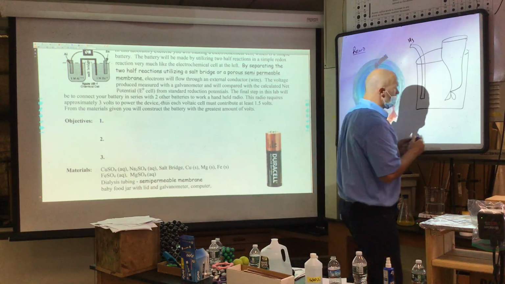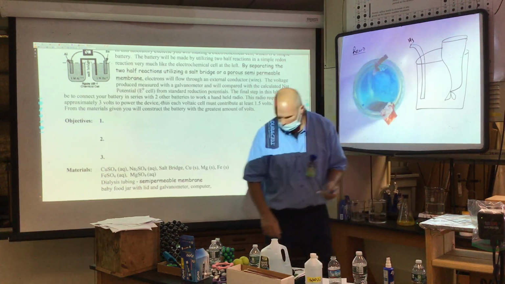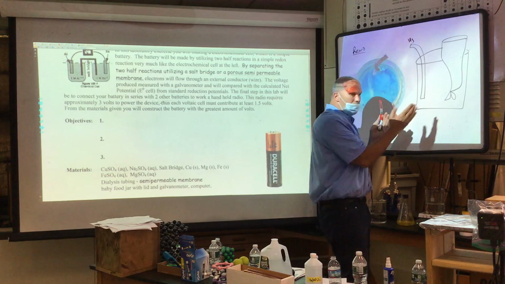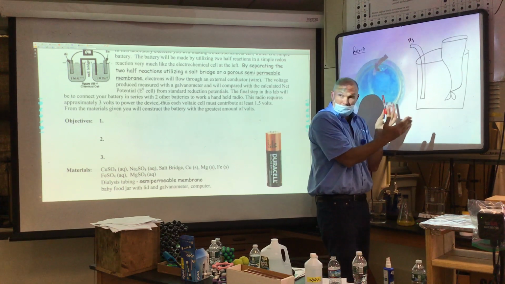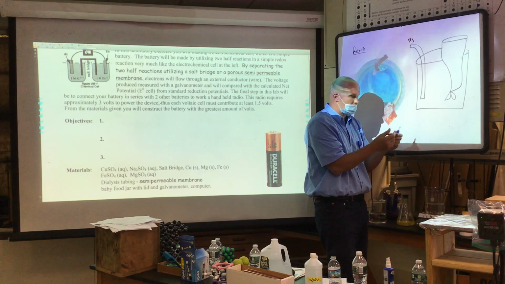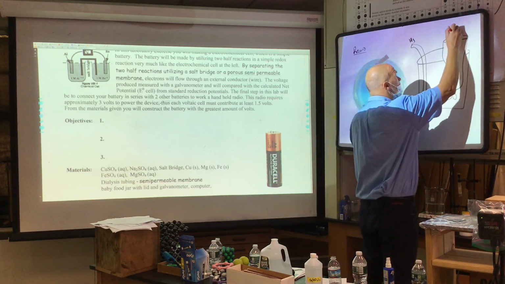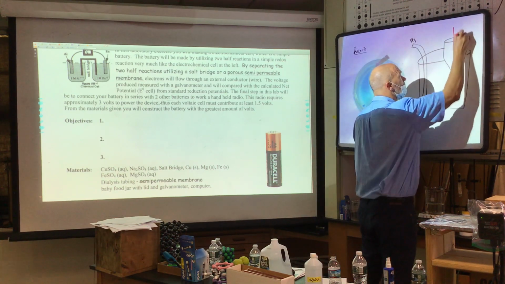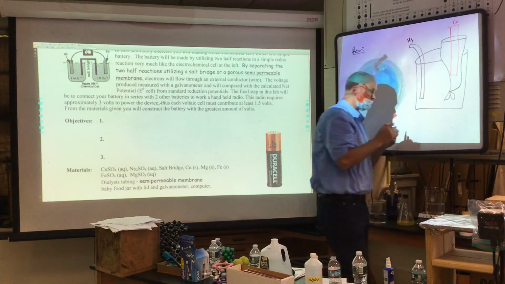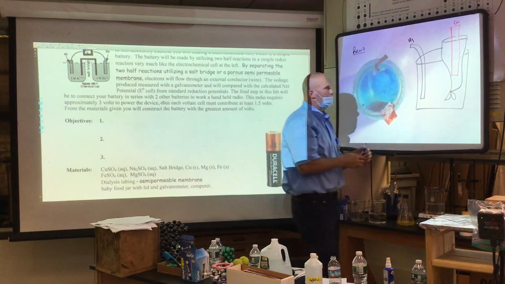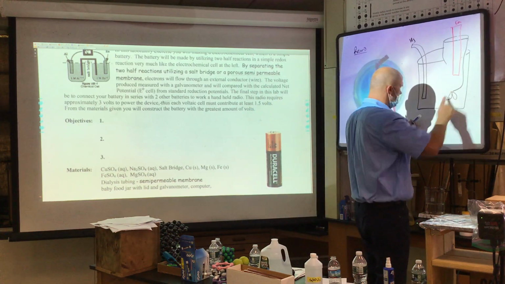Now we knew that we put the copper electrode into this bag. We separated the oxidation half cell from the reduction half cell. I don't know if this is brown or red, but in any case, this is my copper electrode. We put it in a blue solution. I'll make this bag bigger.